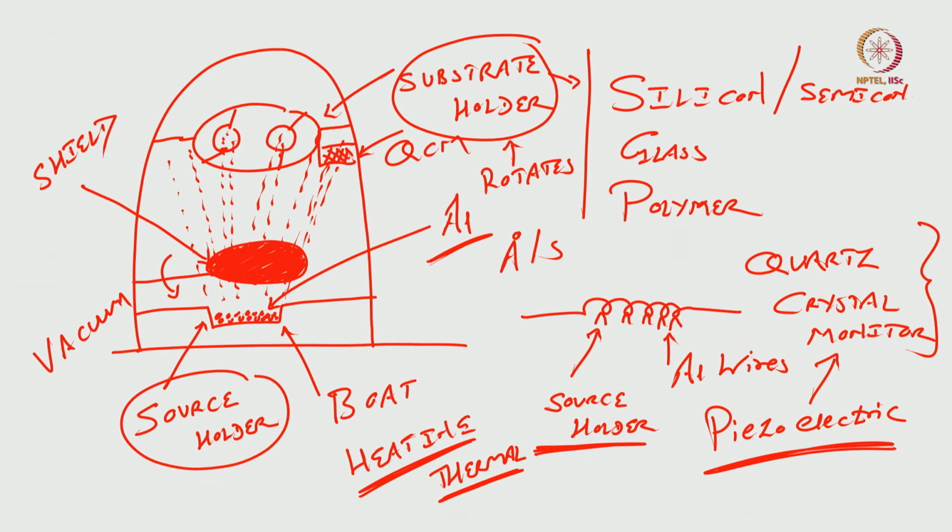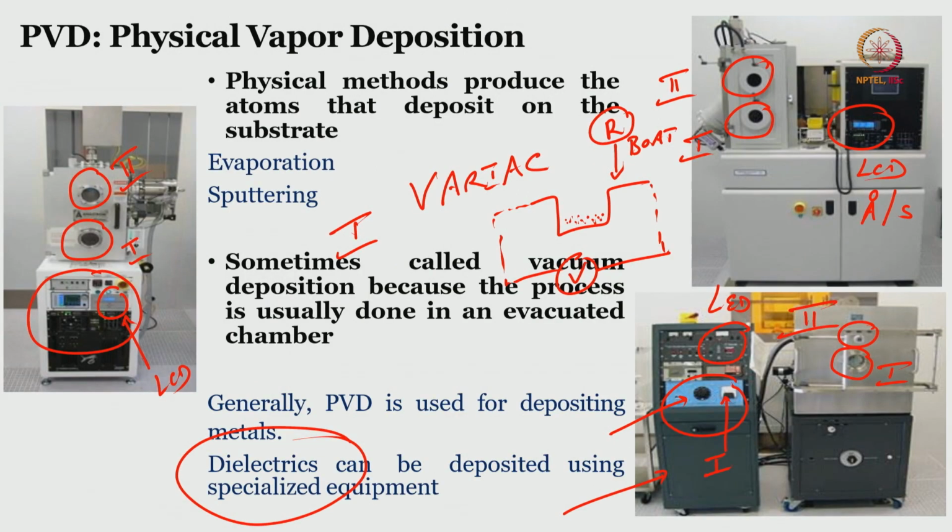Now, what are the gauges to measure this pressure? Because we said 10 to the power minus 3, 10 to the power minus 6. So, where are these gauges? There are two gauges, one is called Pirani gauge and the second is called Penning gauge. You see here, this is a gauge.